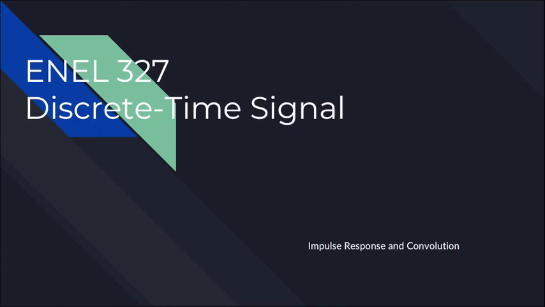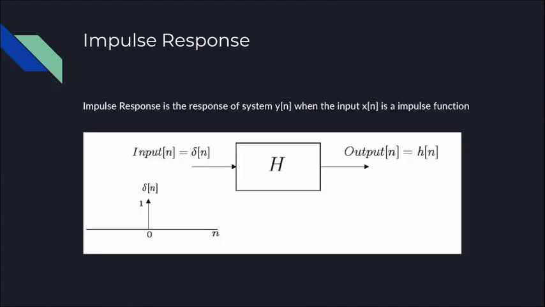In this video, we're going to be talking about discrete time signals and, in particular, the topics of impulse response and convolution. First of all, we want to give a brief definition of impulse response. Impulse response is typically the response of a system y of n when the input x of n is an impulse function.